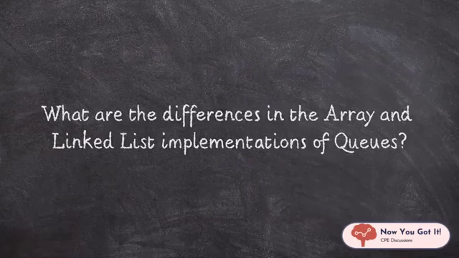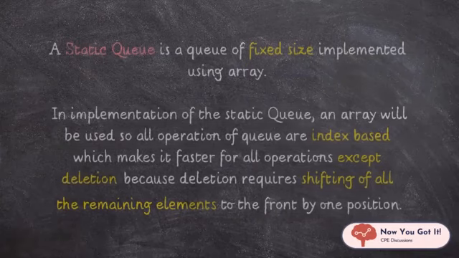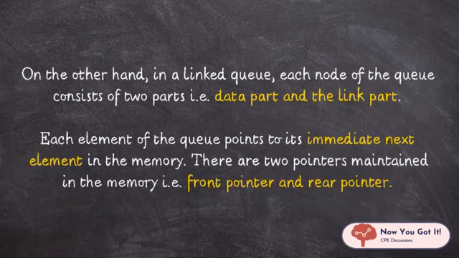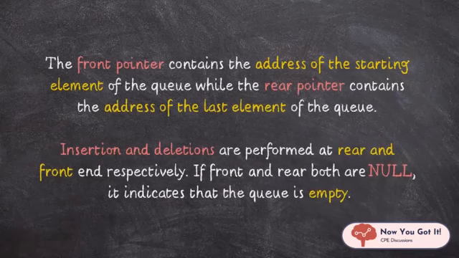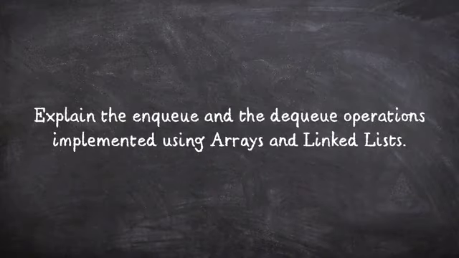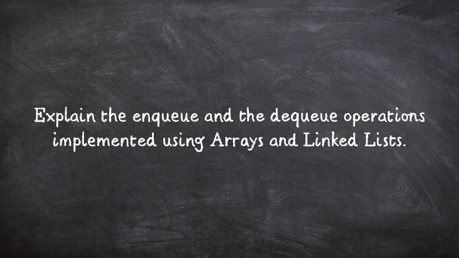What are the differences in the array and linked list implementations of queues? Explain the enqueue and dequeue operations implemented using arrays and linked lists.